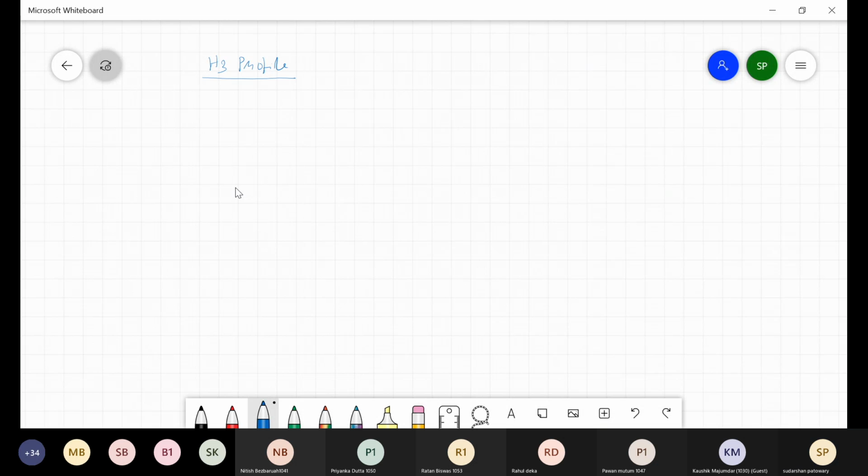How about H3? H3 profile. Sorry, this should be horizontal. S3 means your Y less than YC less than YN.